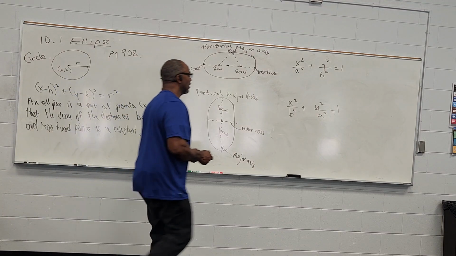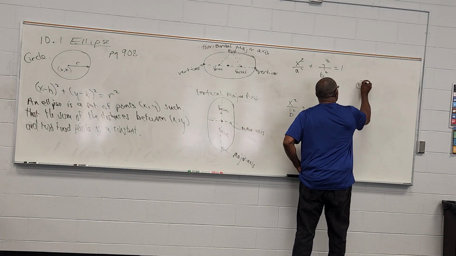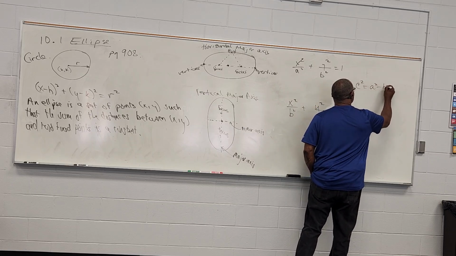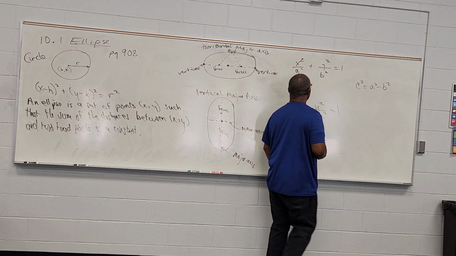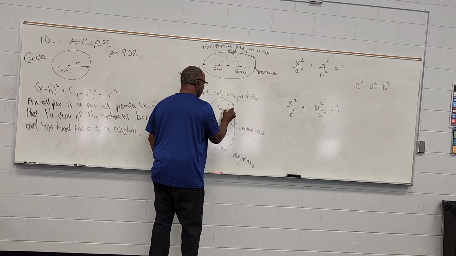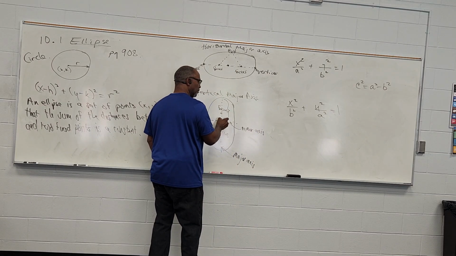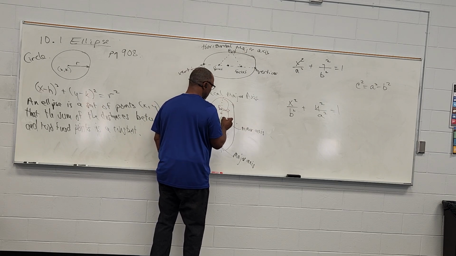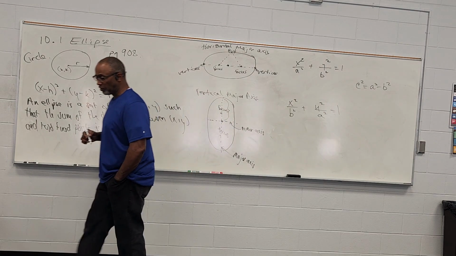And for both of these, c squared is going to be a squared minus b squared, okay? And c is the distance from the center to the vertex.